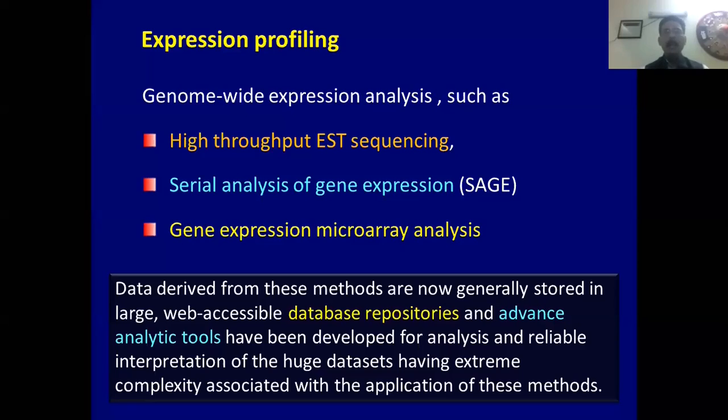So there are high throughput EST sequencing platforms available for analysis of the occurrence of EST sequences in a genome sequence. Similarly, serial analysis of gene expression can be done by using a platform called SAGE, serial analysis of gene expression. Similarly, for analysis of the microarray data, there are different platforms available.